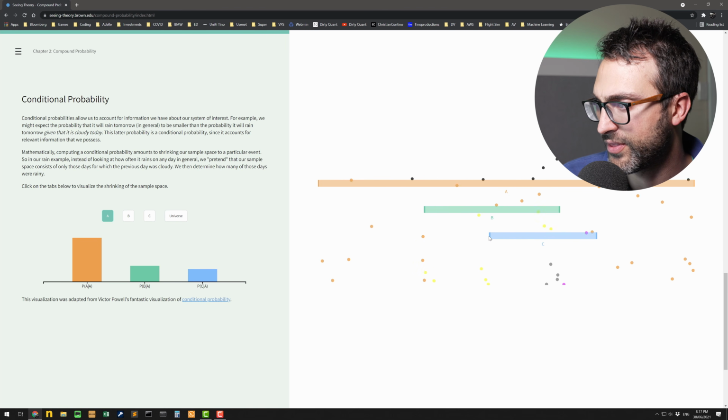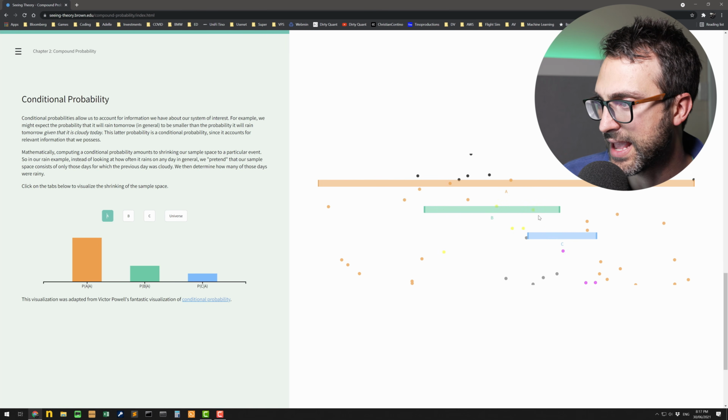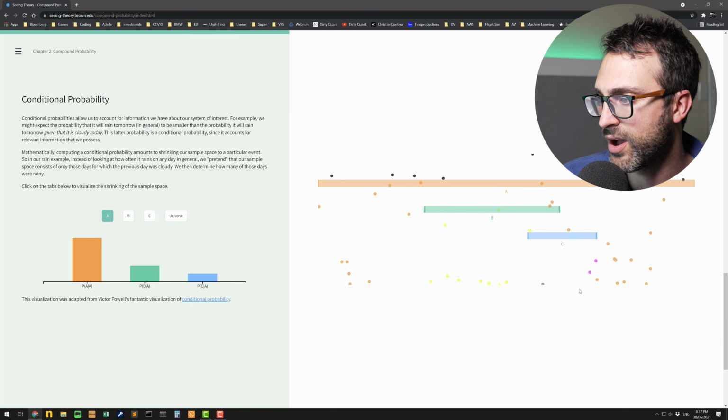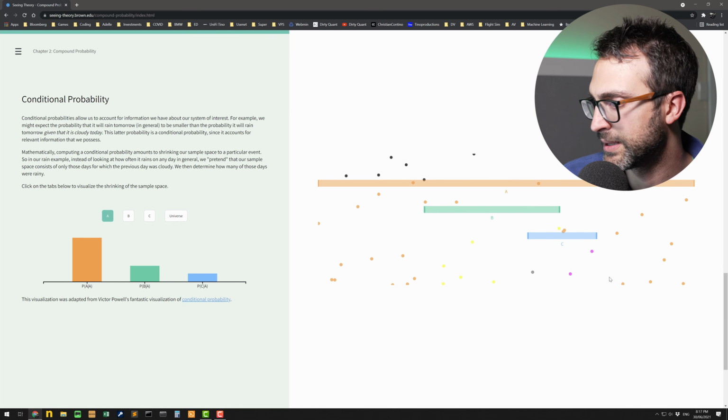Each one of these could be an event, and what we could do is compound that event happening. So if we look at the colors down here, if you want to look at things that pass through A and B and sort of C, there will be far fewer, right?